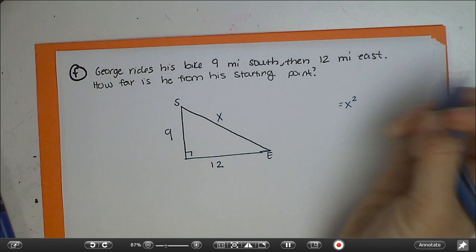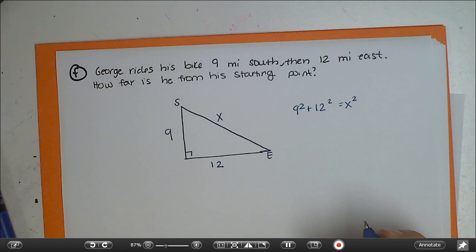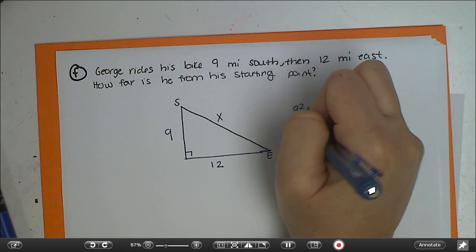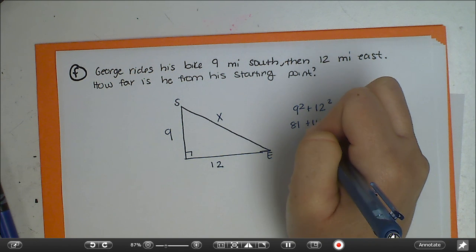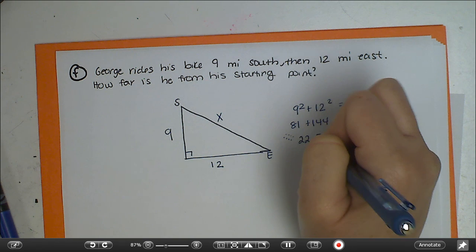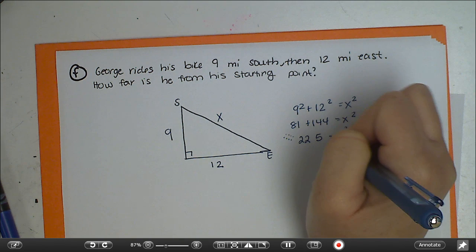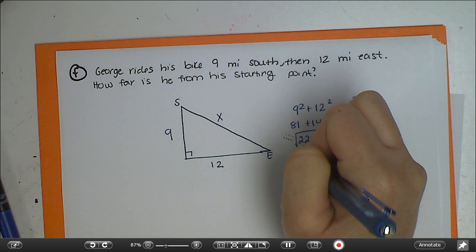Since we don't know it, that's going to be over here. 9 squared plus 12 squared equals x squared. 81 plus 144 equals x squared. So 225. And we take the square root of both sides. So this distance is 15.